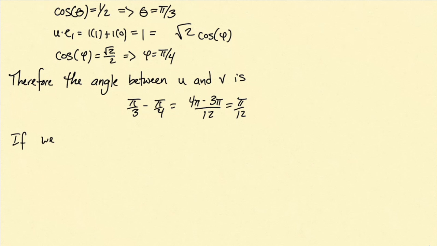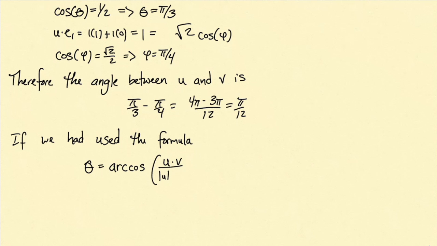So if we had simply used the formula, theta is equal to arc cosine of u dot v divided by the norm of u times the norm of v, then we would have come out with arc cosine of root 3 plus 3 divided by the square root of 2 multiplied by 2 root 3, which is the same thing as twice root 6.